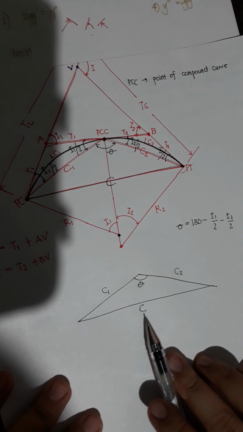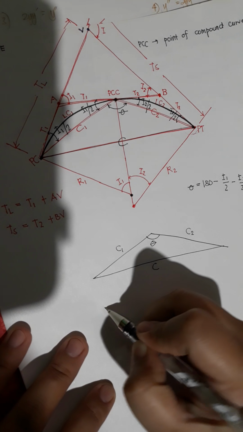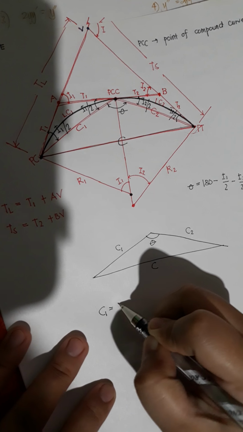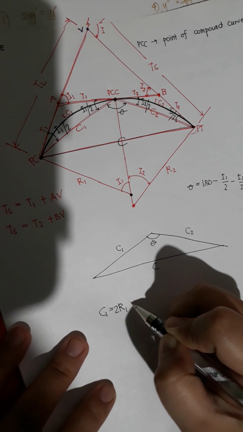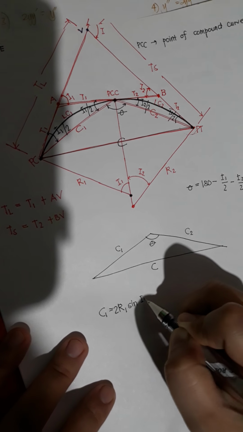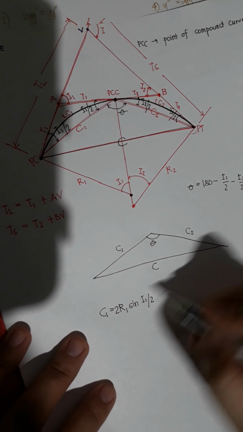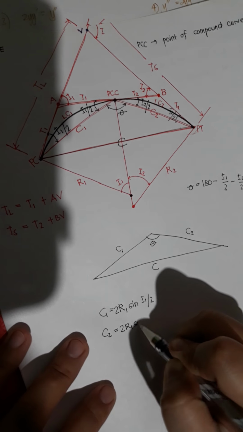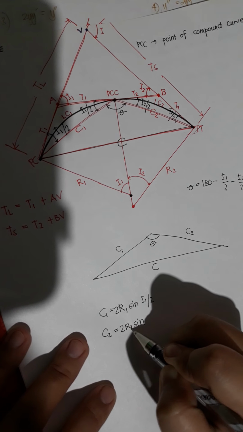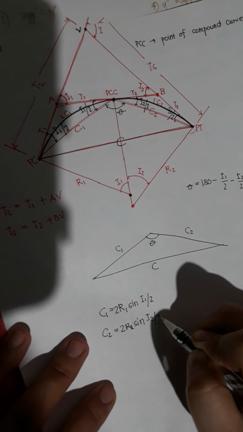And if you are to look for C, of course, C1 is still equal to 2R1 sine of I1 over 2, and C2 is also 2R2 sine of I2 over 2.